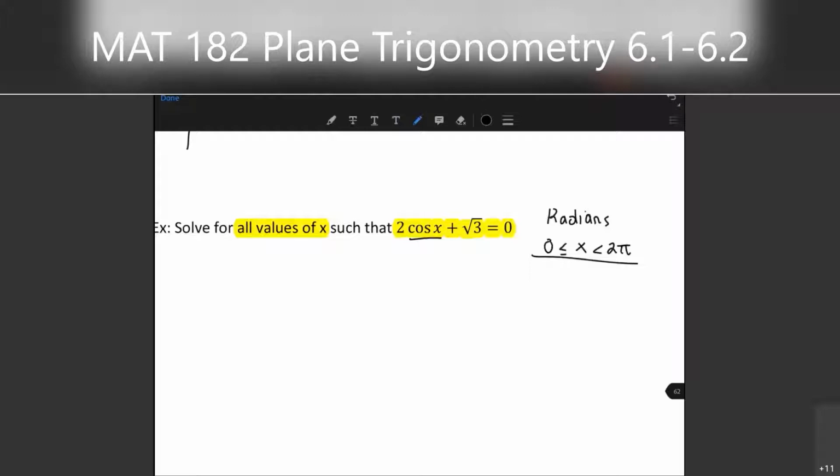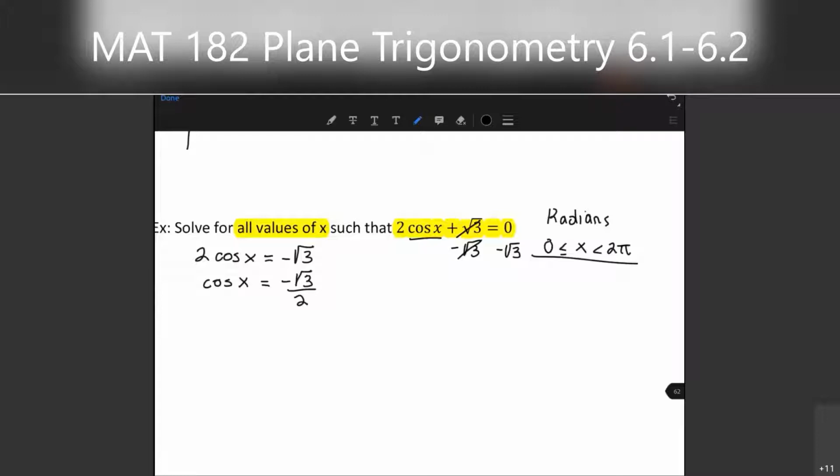We could start with subtracting the square root of 3 from both sides and get 2 cosine of x is equal to negative root 3. Then dividing by 2, we get cosine of x is equal to negative root 3 over 2.